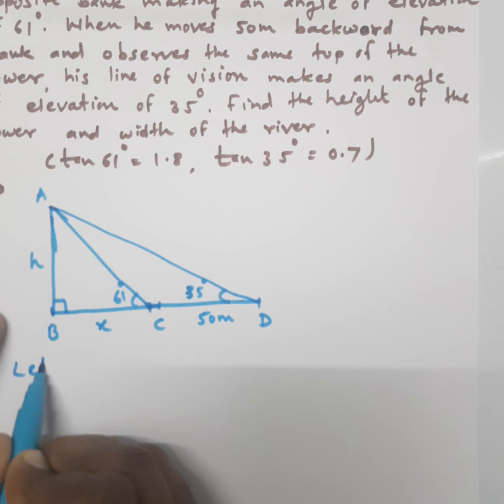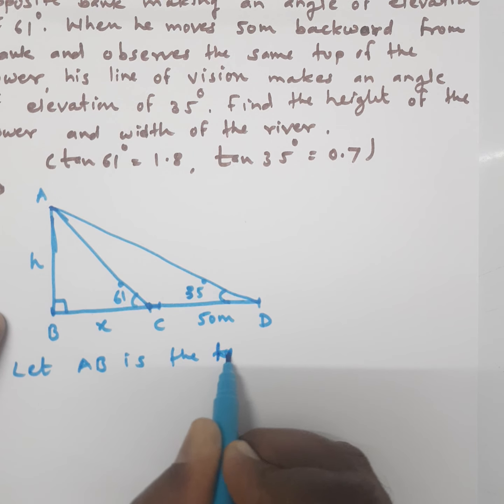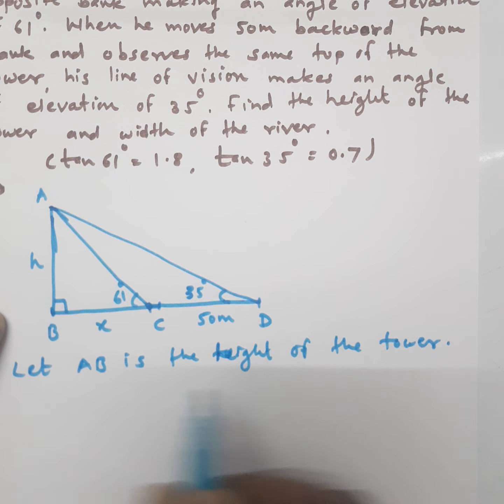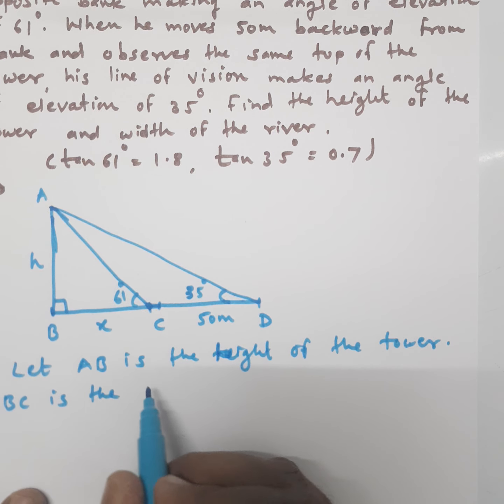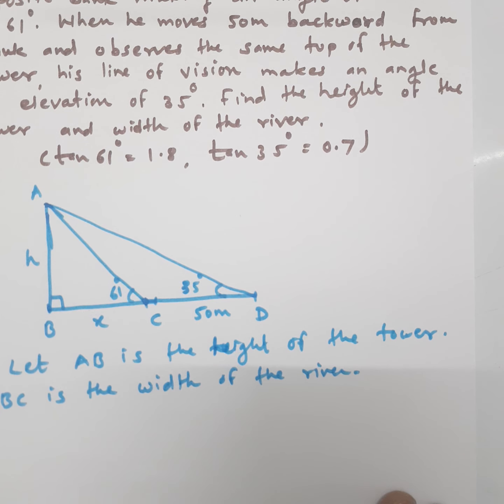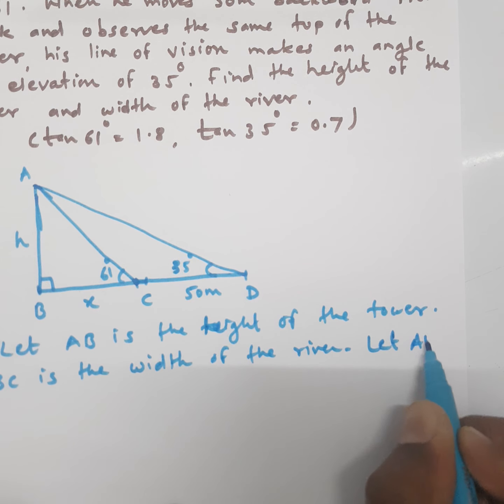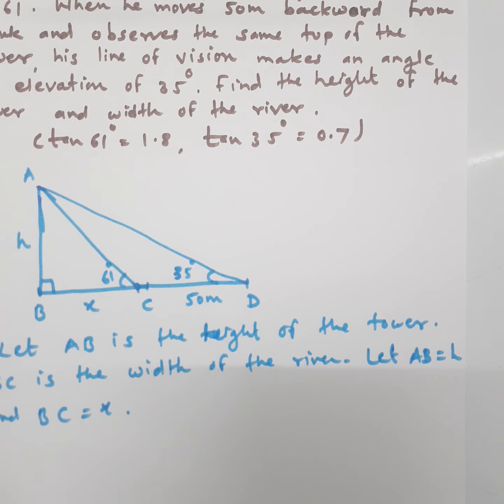Now first we will write some words about the figure. Let AB be the height of the tower, BC the width of the river. Let AB is equal to h and BC is equal to x.